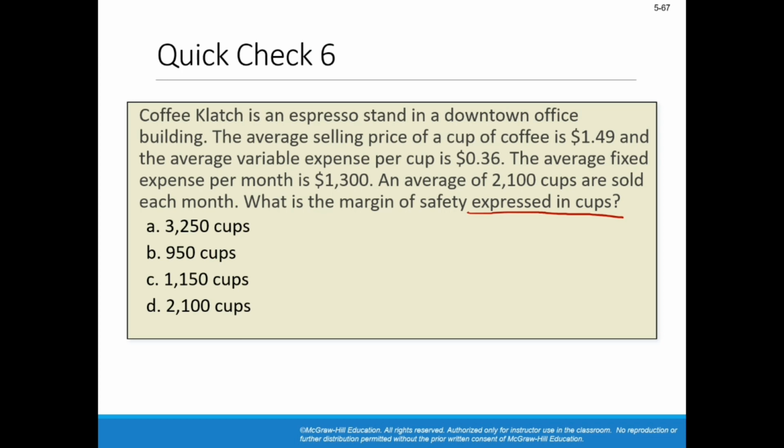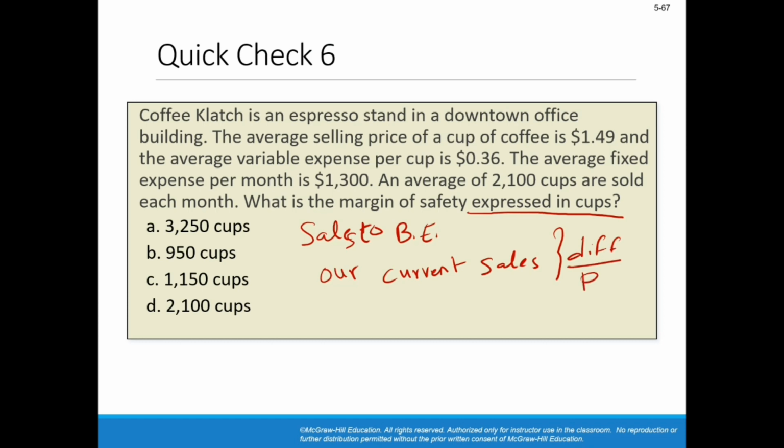We know that we can compute the sales to break even, okay, and then we know what our current sales are. The margin of safety is the difference between those two. If you divide them by the selling price, you will get the Q as a margin of safety.